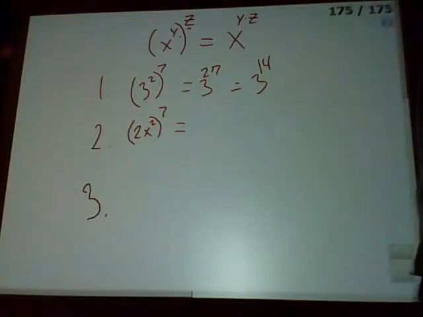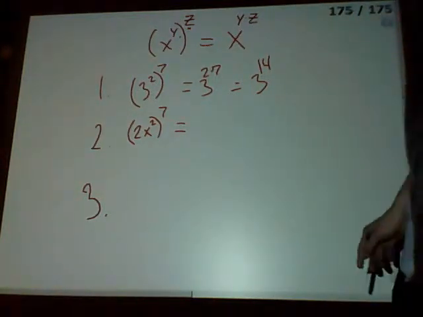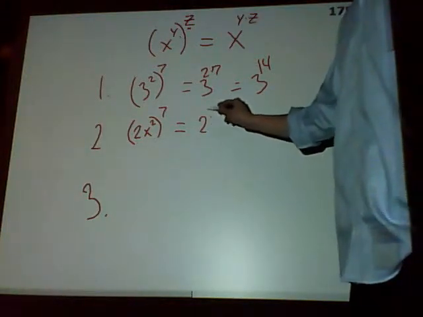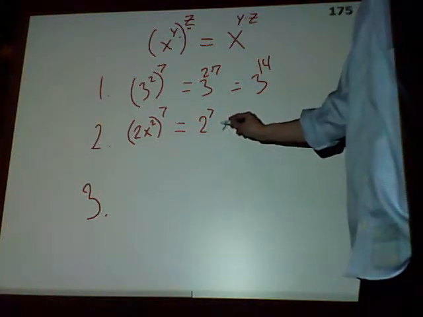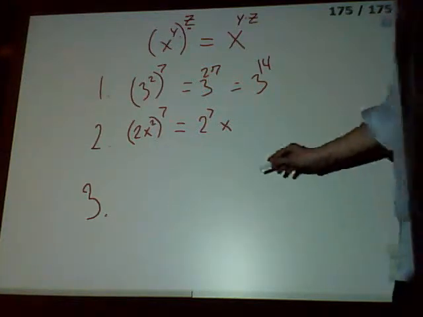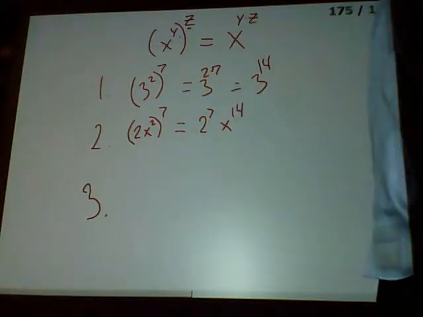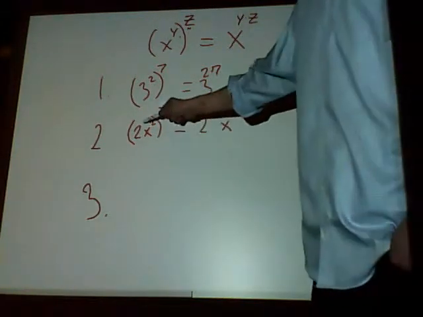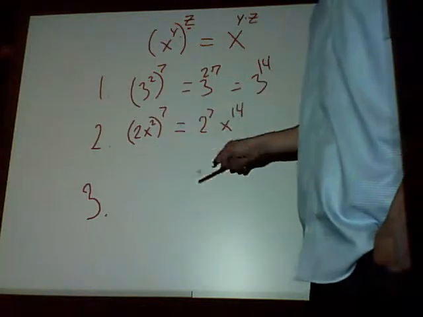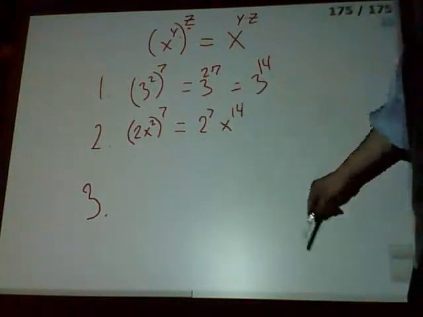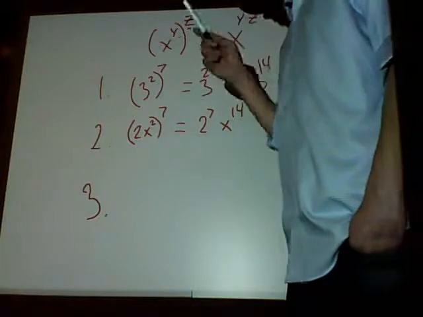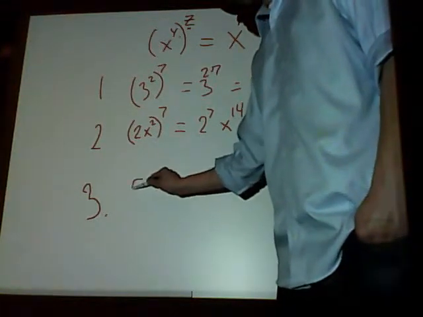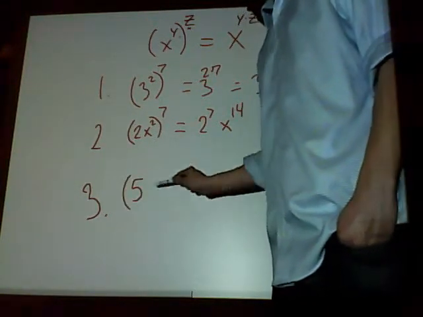Alright, what's that make? Well, we're going to get 2 to the 7th, but then x is going to go to what power? The 14th, alright? So this is like treating it as 2 to the 1. We just multiplied the 7 times 1, and that's 7, alright? So there you go for this one. Let's try this one over here. Let's go something more simple.